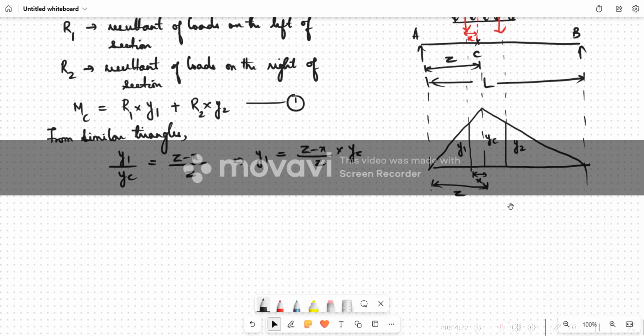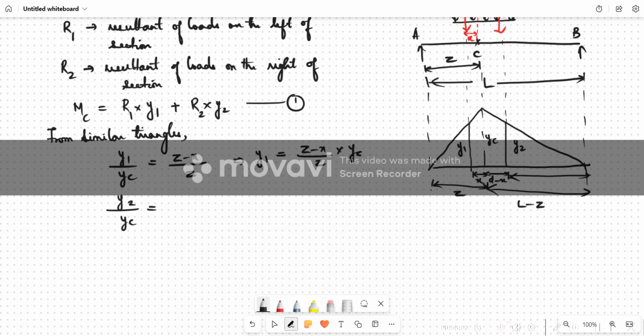Then considering the other side, you can also write y2 by yc is equal to L minus z. So this one is nothing but L minus z, and this small distance will be d minus x, because the total is d and this much is x, so this is d minus x.